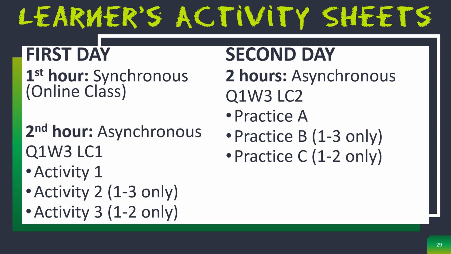So for the first module in week 3, you answer activity 1 and then activity 2, 1, 2, 3 items only. Okay? So again, activity 2, you just answer items number 1 to 3. And then for activity number 3, just answer 1 and 2.